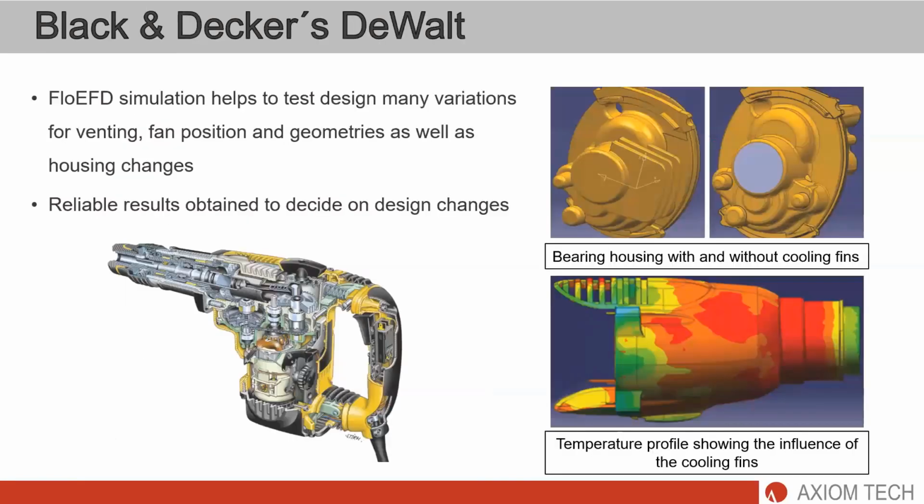The next one is Black & Decker's default equipment, and they use FloEFD for simulation, which helps them to test designs in many variations for venting, fan positioning, and geometry, as well as housing changes.